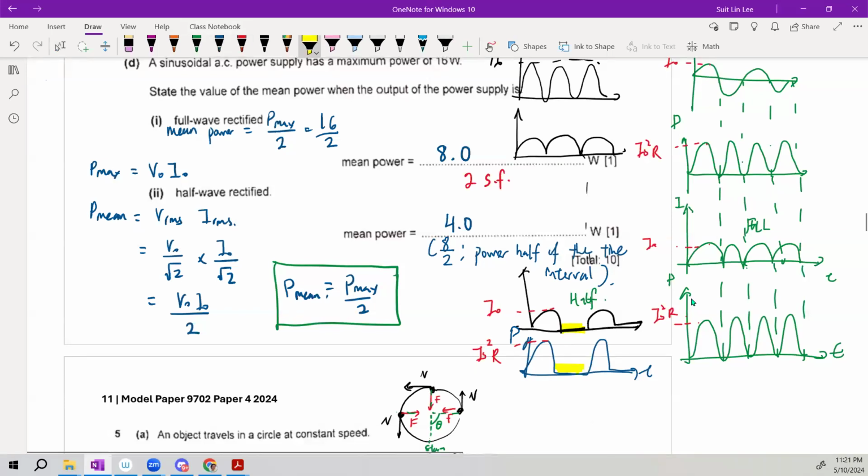I mean, it's zero when the current is flowing, instead of a curve, shouldn't the power just be constant? But the current is not constant. How can the power be constant?